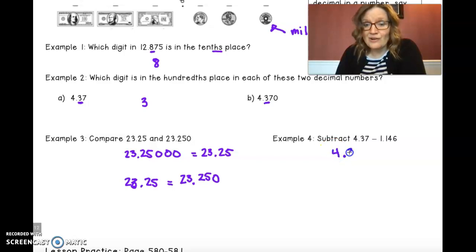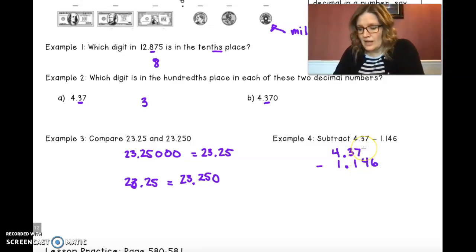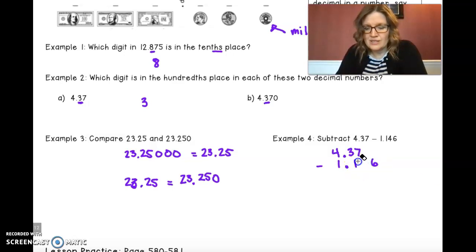Make sure you line up your decimal. So 1, now we put our decimal right here, 1, 4, 6. Now, I am going to erase this little part because I'm not really thrilled with how my 4 is not right underneath my 7. So I'm going to put my 4 right there under the 7. And now we start subtracting.